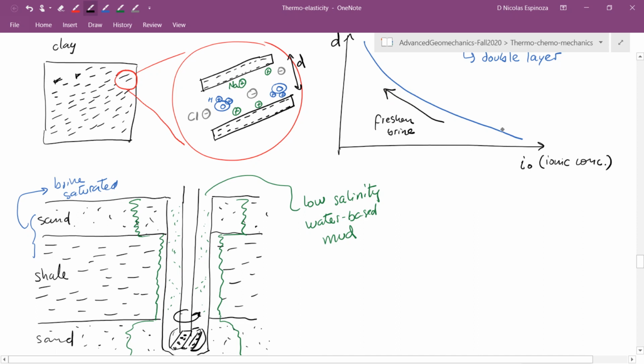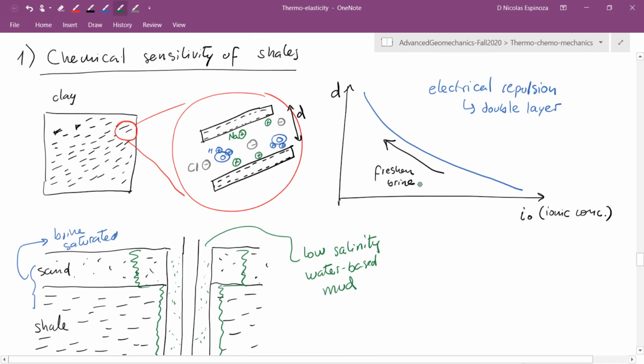And in that case, as you can see, if the ionic concentration decreases, then the distance between the platelets is going to increase as well. And the result of that is going to be a process of swelling of the shale rock, because the distance between the platelets is going to change.